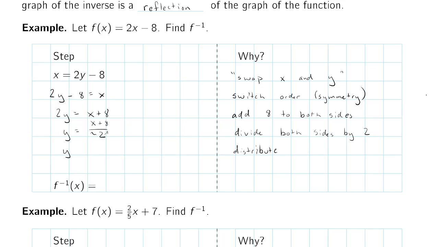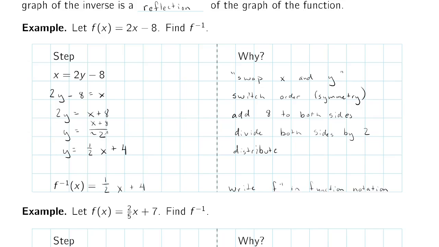So I've got y equals x divided by 2 is going to be a half times x, plus 8 divided by 2 is 4. And so in function notation, I have f inverse of x is half x plus 4.